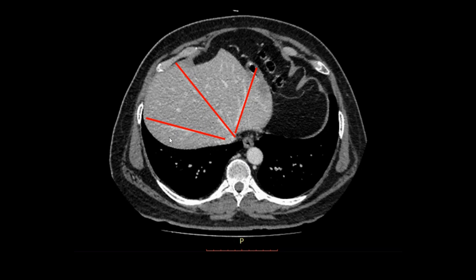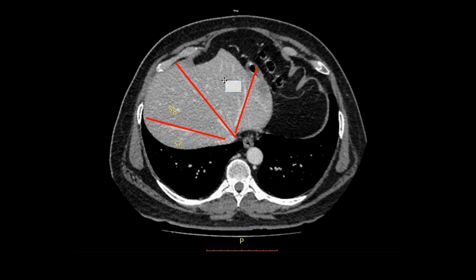So which are these segments? We can now label easily. This is the right posterior sector, so this is superior in right posterior, that is segment 7. This is segment 8 because these are the superior planes.